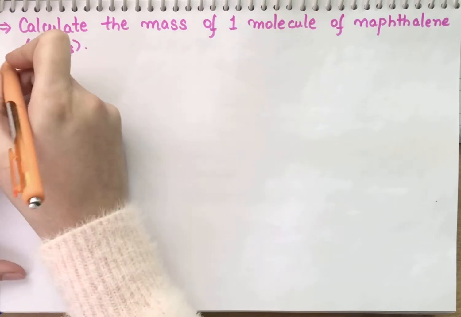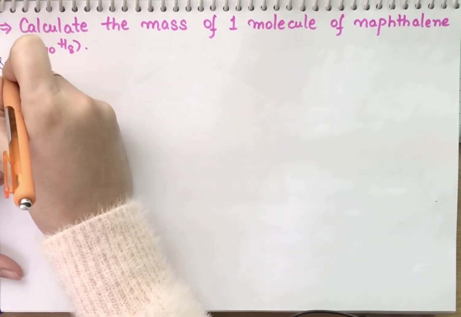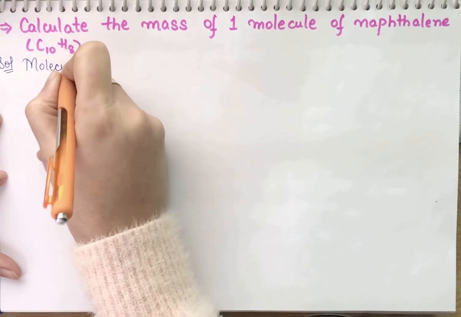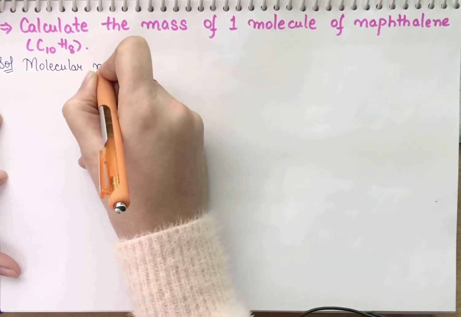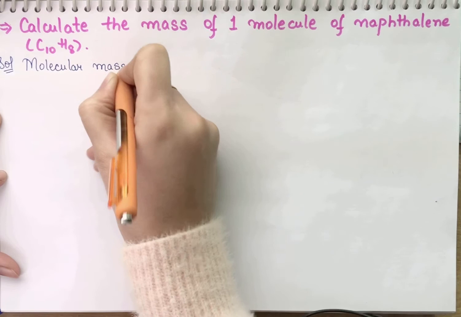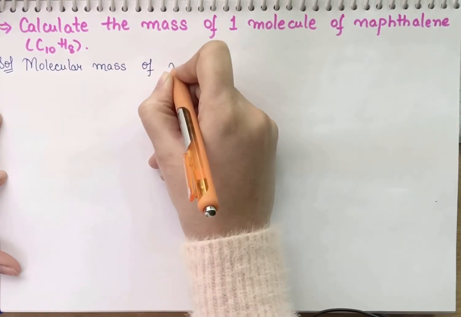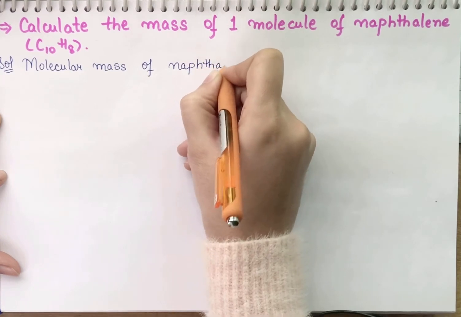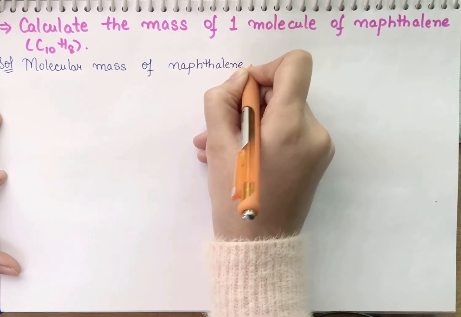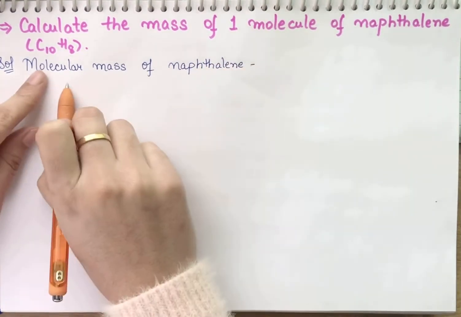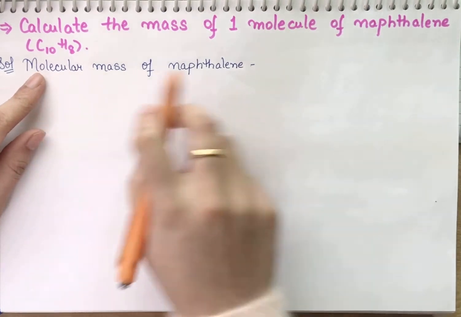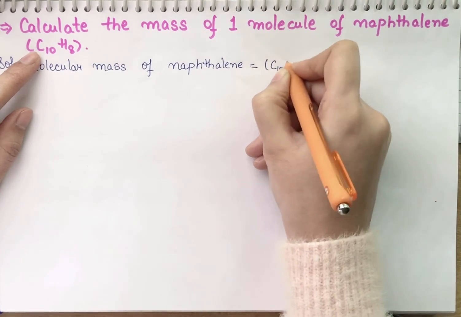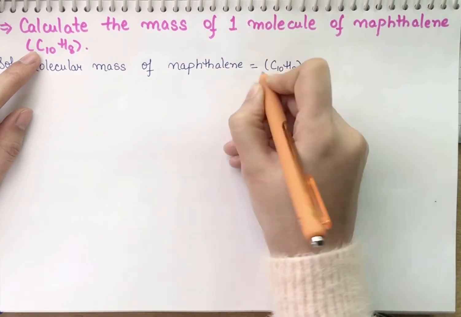So let's write molecular mass of naphthalene. Molecular mass means here I am finding the mass of 1 mole of this naphthalene molecule. So you can write in bracket over here that it is the formula.